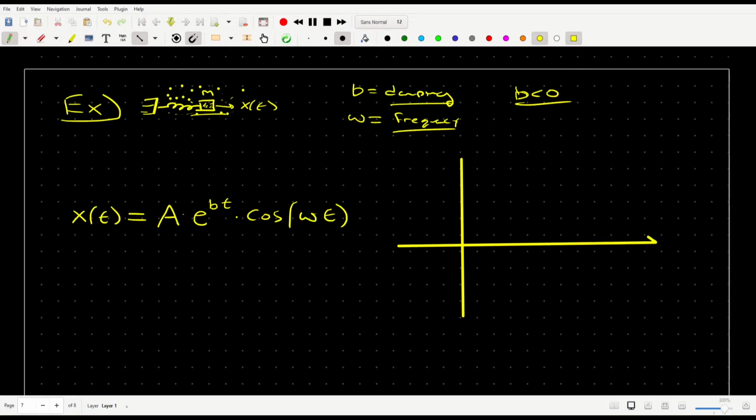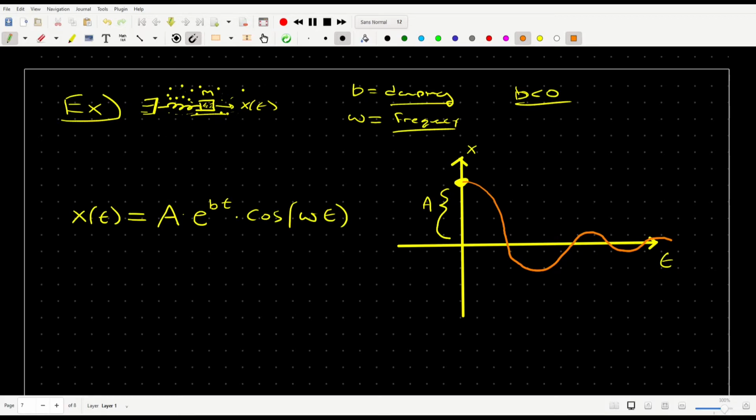If you look at the graph of x of t as a function of time, the initial location of the mass is here at A, and then as you let it go from A, it oscillates up and down, but this oscillation decreases exponentially as time goes to infinity.